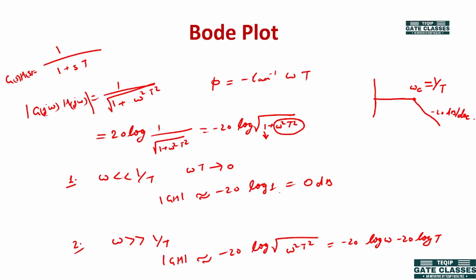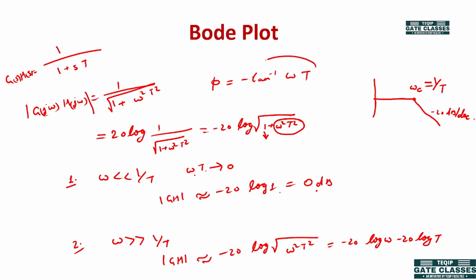So till the frequency omega c is equal to 1 by t, our slope is 0 dB, and after that our slope starts decreasing at minus 20 dB per decade. Okay, for the magnitude plot.